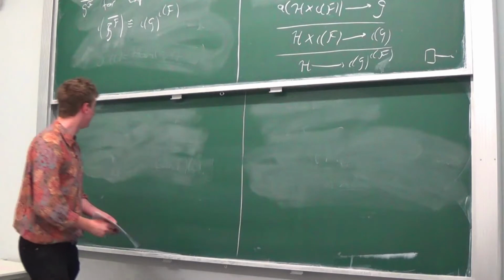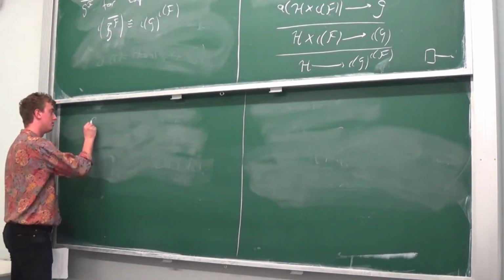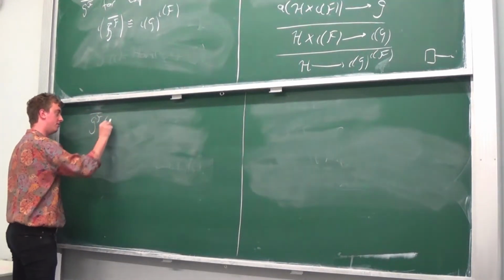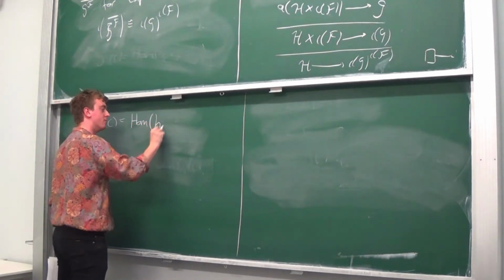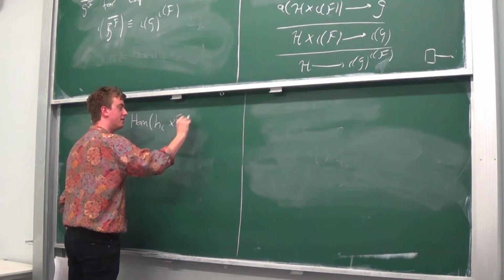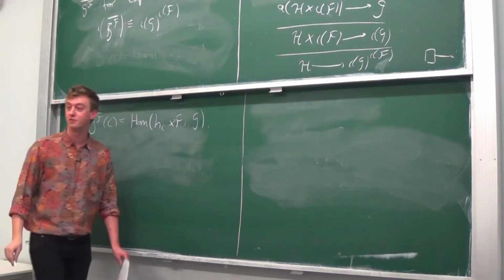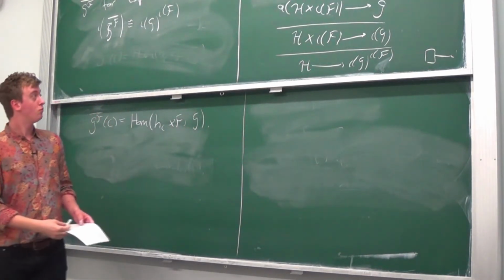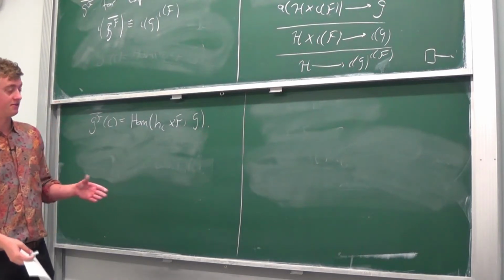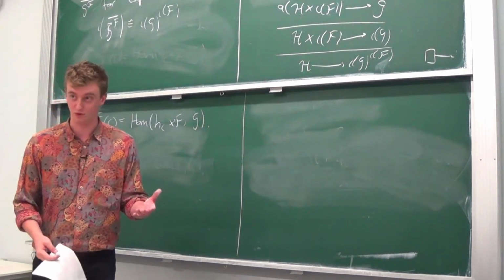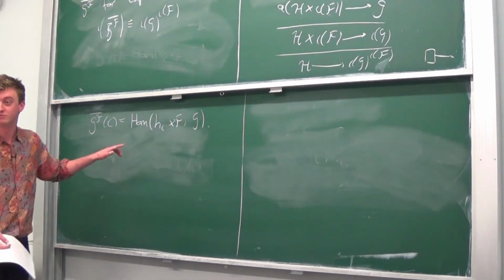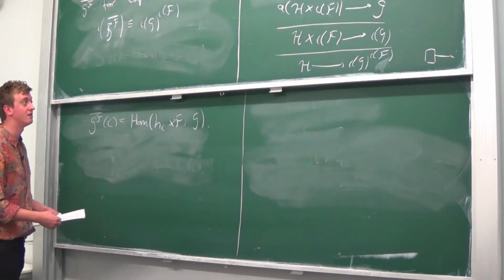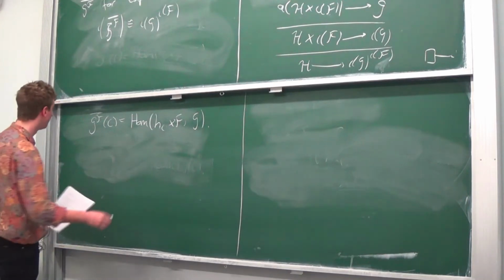So now we're going to write G to the F of C to be the natural transformations from HC times F into G, just like we did for pre-Sheaves. Of course, we've actually only shown at this stage that taking two sheaves, an exponential object exists in pre-Sheaves, which we already knew. So we need to show that this will actually form a sheaf. This will be the last step in proving that exponentials exist.